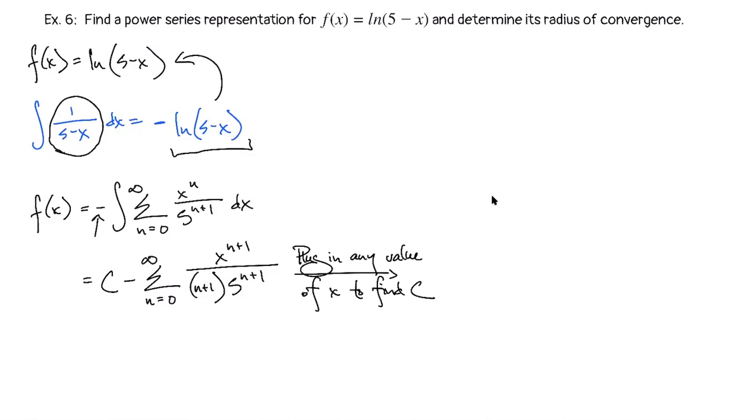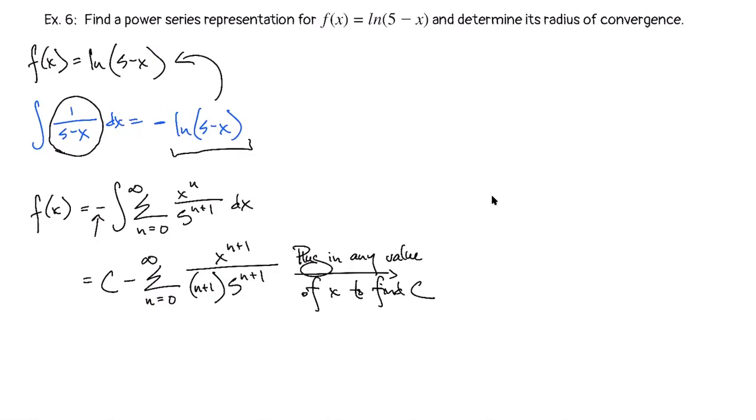Now, I'm going to pick a value that I think is really nice and easy. So I'm going to plug in 0 for my x. Okay, you can pick anything you want. I'm going to pick 0 here.